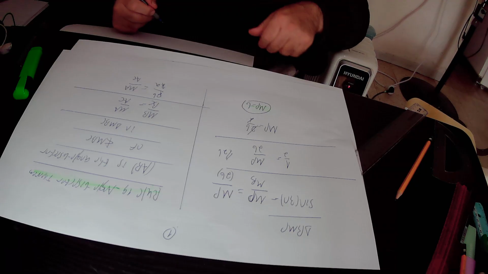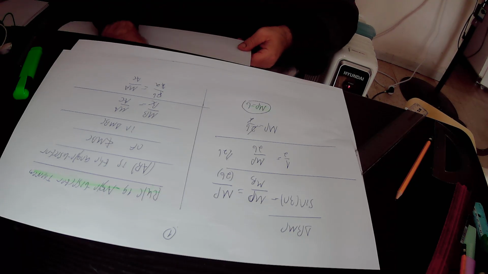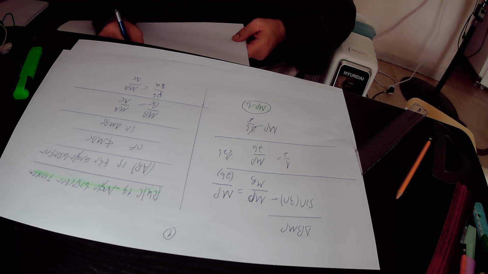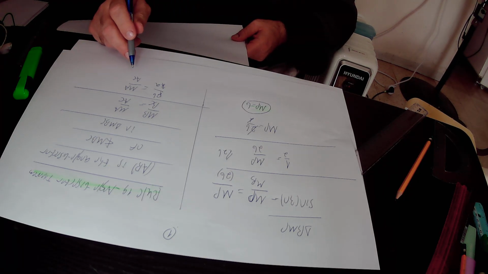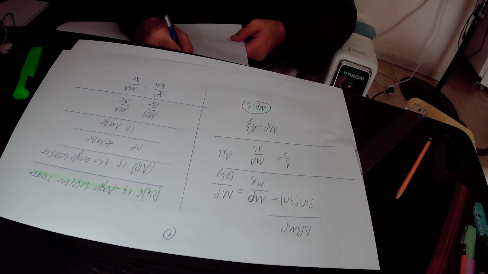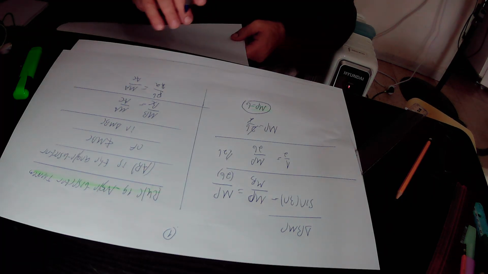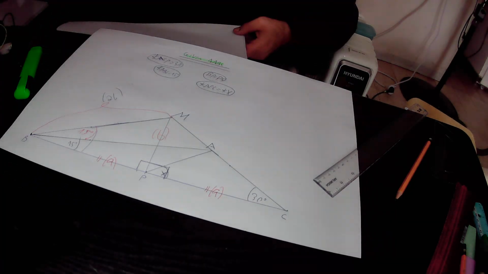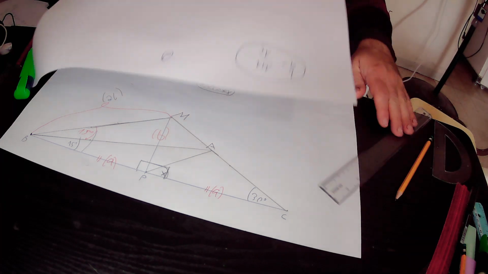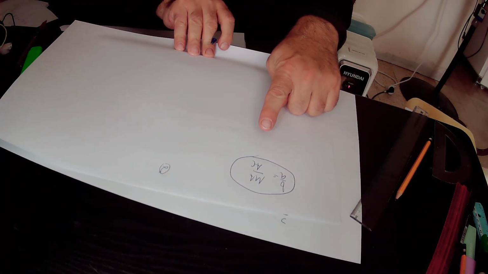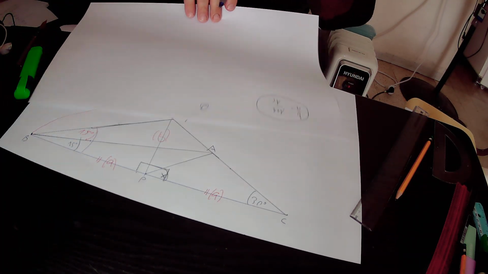And finally we found out that b over a equals MA over AC.